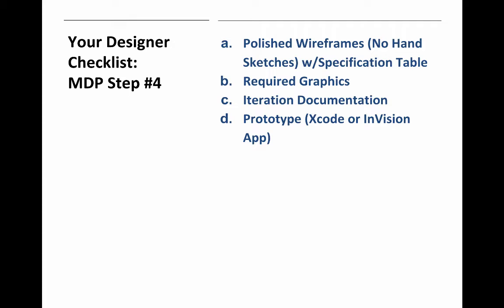Now you are in the visual design process. Here you polish your wireframes by adding in your rendered graphics for your screens, buttons, and other UI elements. You submit your graphic renderings for the app icon and other requested layouts and revisions. Lastly, you bring it all to life in your prototype.